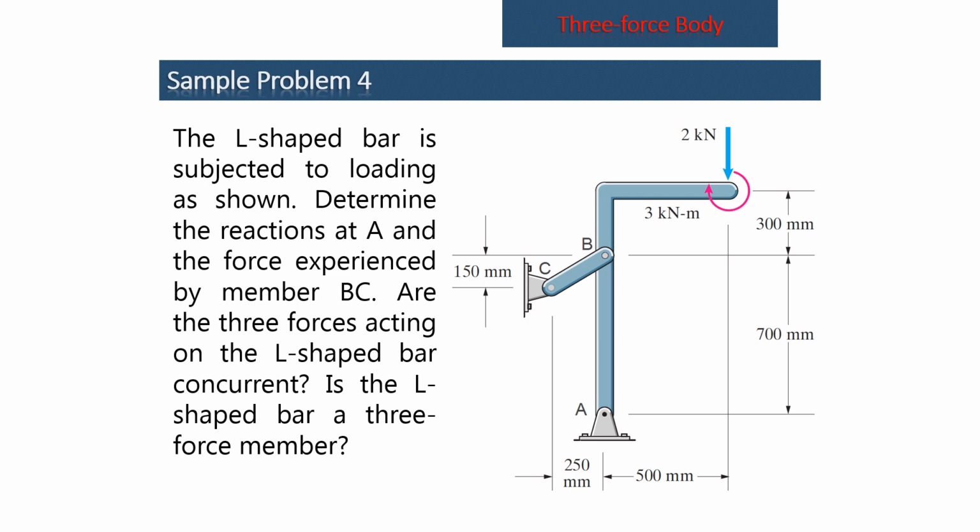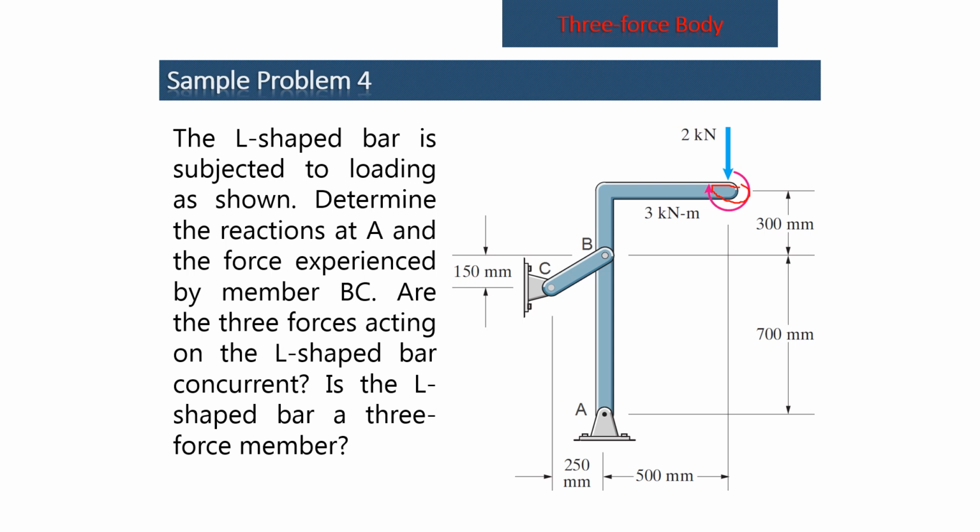However, the limitation of the definition of the three-force member is that it should be subjected only to forces, not to couple moments. So since there is a couple moment of 3 kilonewton meters at this end, this cannot be considered a three-force member. However, BC is a short link, it is a two-force member.